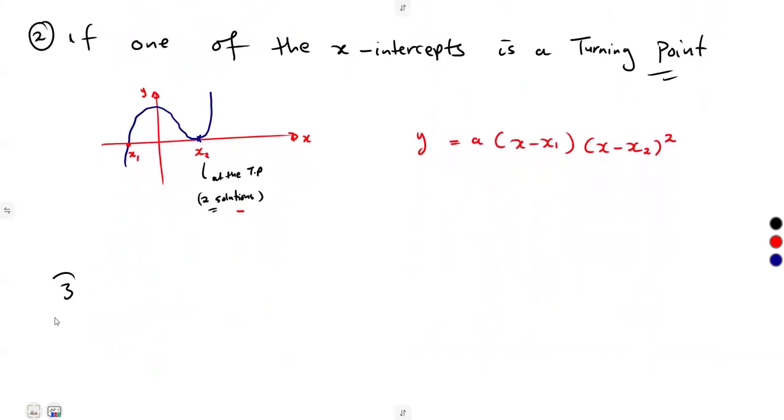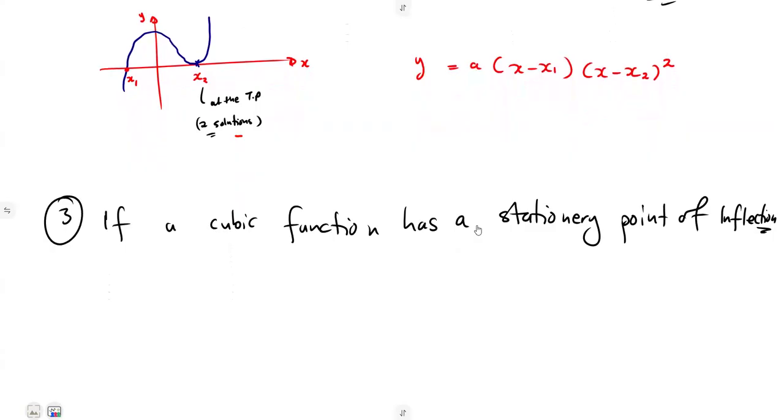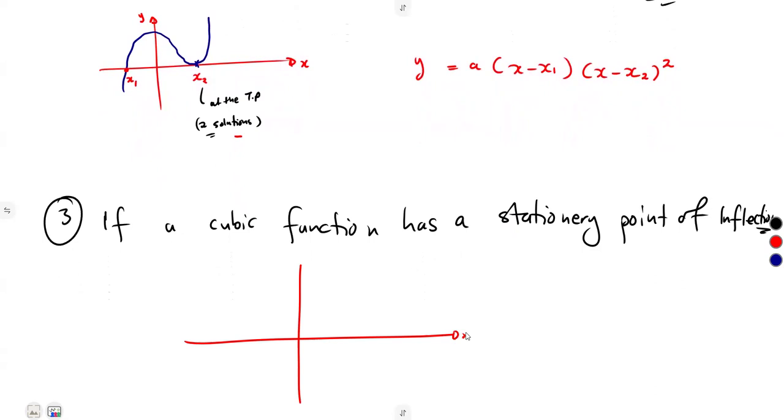All right. Another consideration that you're going to have is when a cubic function has got a stationary point of inflection. Remember, this is a condition where you do not have the maximum or minimum turning point.